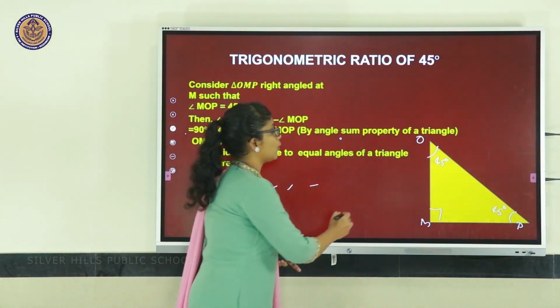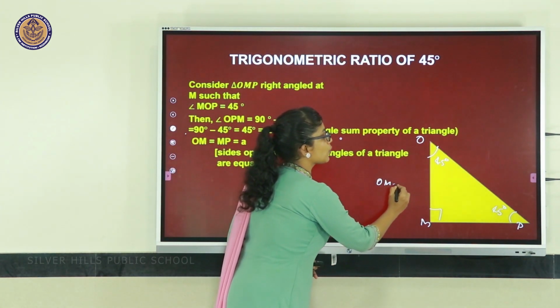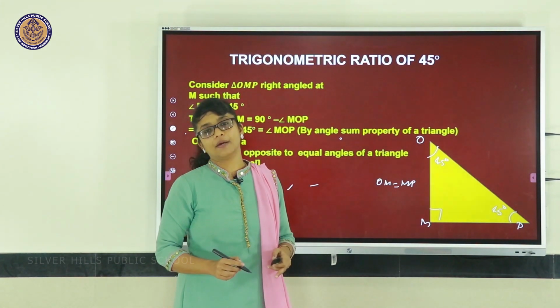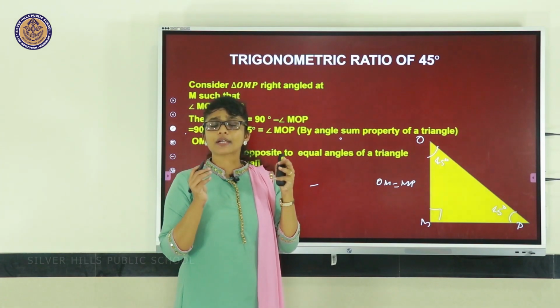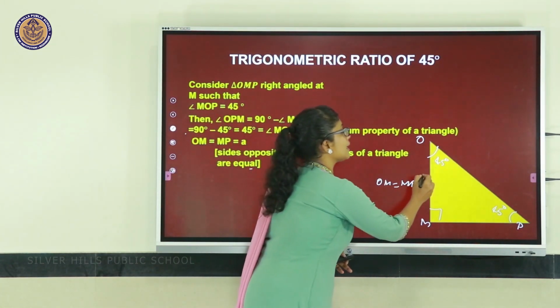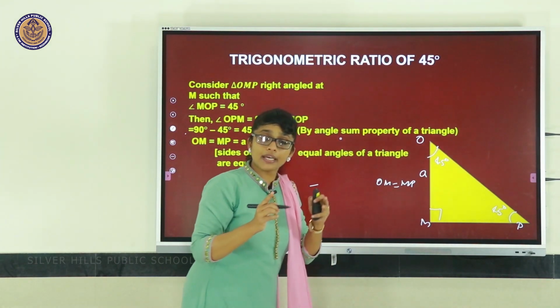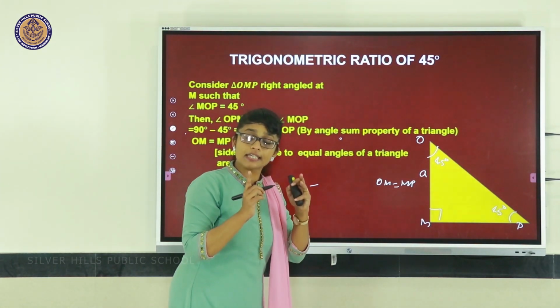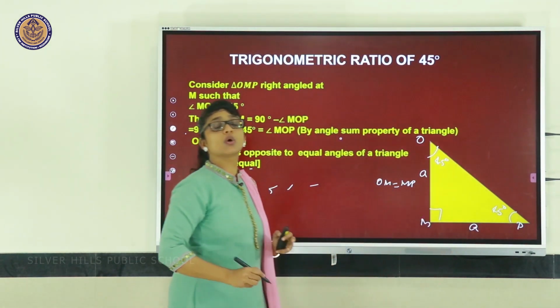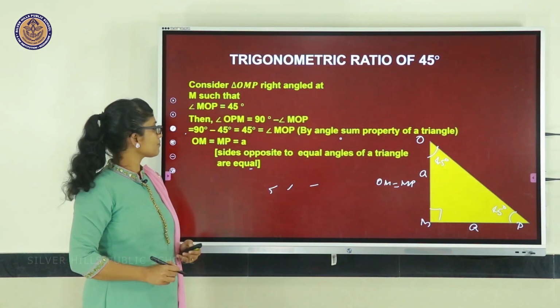So, we can say OM equal to MP. For finding the trigonometric ratio of 45, let's consider OM equal to A. OM equal to MP because it is an isosceles triangle, so MP is also equal to A.